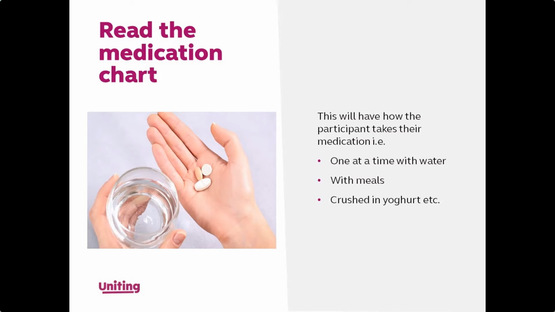This will tell you how the participants take their medication, whether they need to have them with a full glass of water, whether they need to have them with their meals, whether medications need to be crushed, whether you need to watch them closely. Any habits that they have when they take medications should be recorded on the medication chart.